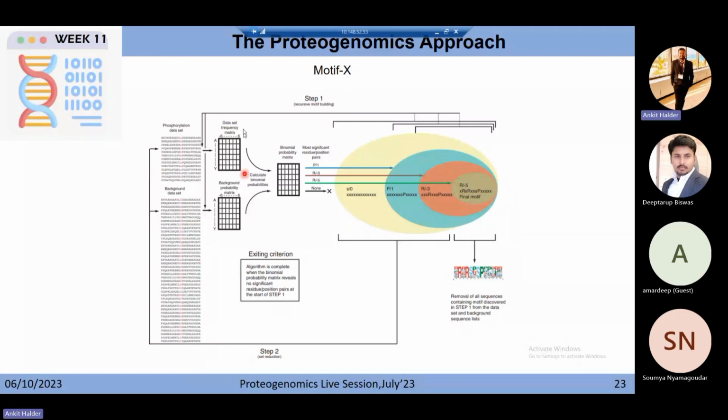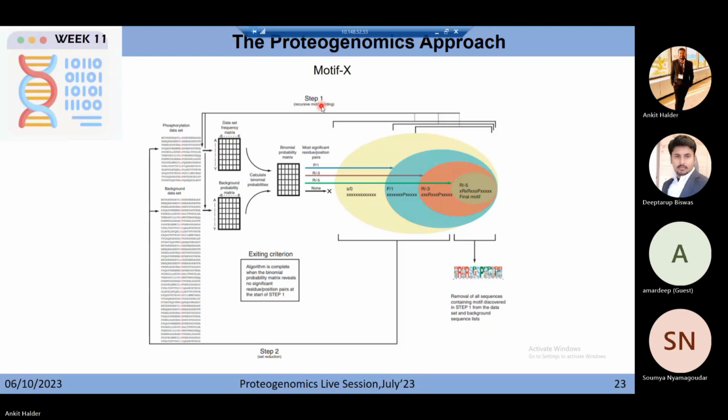Now step one is recursive motif building. That's why I gave you all the definitions of motifs and domains, and how the multiple sequence alignment is converted into regular expression matching, so that you can understand how this algorithm works.